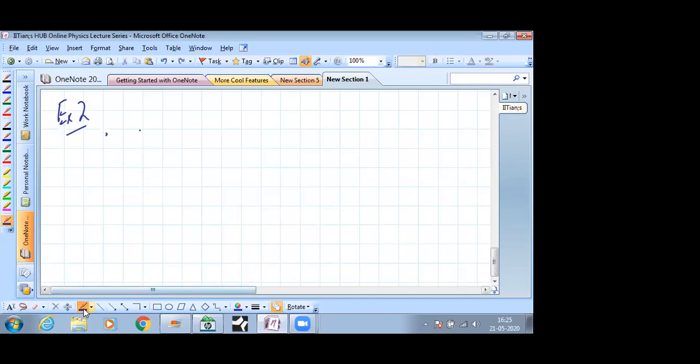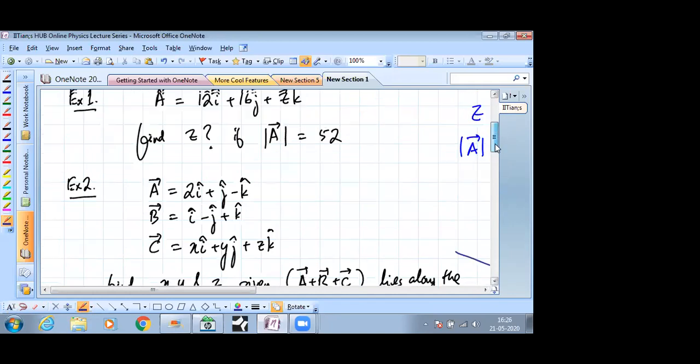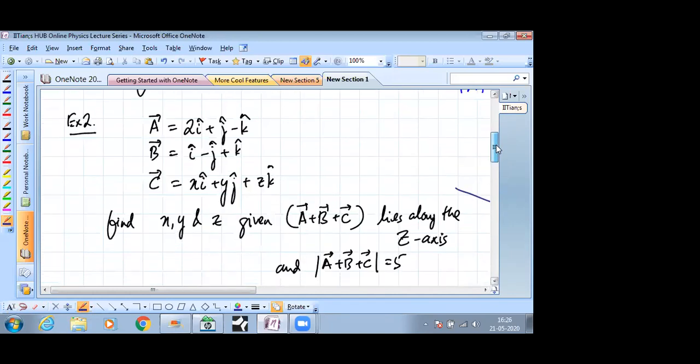Let me just manually put in the values. 2, 1, minus 1 and 1, minus 1.